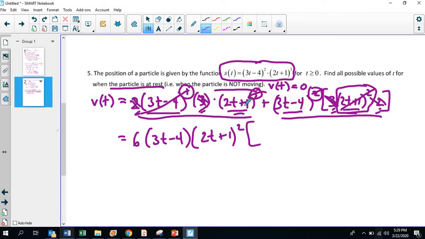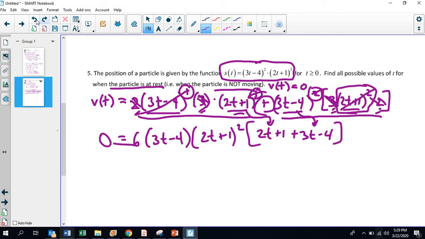And then, of course, we've gotten rid of these 2 times 3s. And so what are you left with? You're only left with a 2t plus 1 here, and you're left with a 3t minus 4 here, and of course they're added to each other. And so we're going to set the velocity here equal to 0. Let me get rid of that mess there.